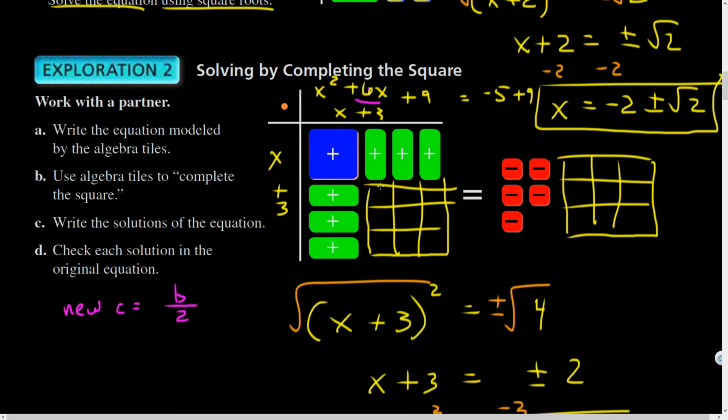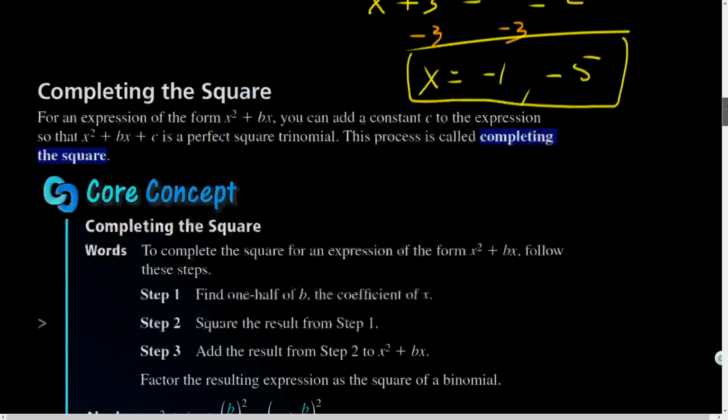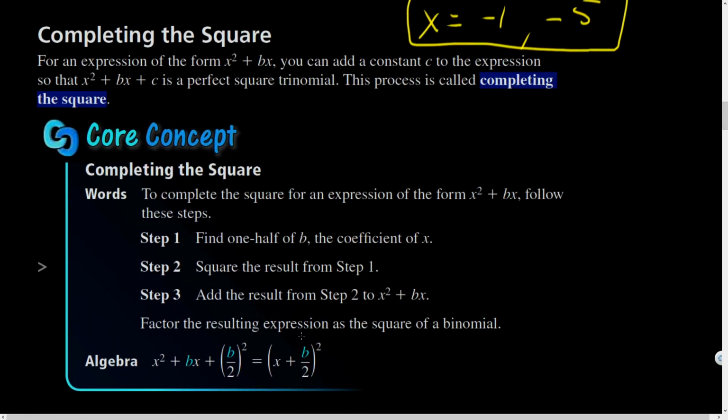And then to find the dimensions of this square, it's 3 times 3, but the area would be that value squared. And so 6 divided by 2 was 3, 3 squared was 9. Let me check up here. Here's the b term. 4 divided by 2 is 2, and 2 squared is 4. Okay, so that's kind of their little shortcut. So find 1/2 of b.